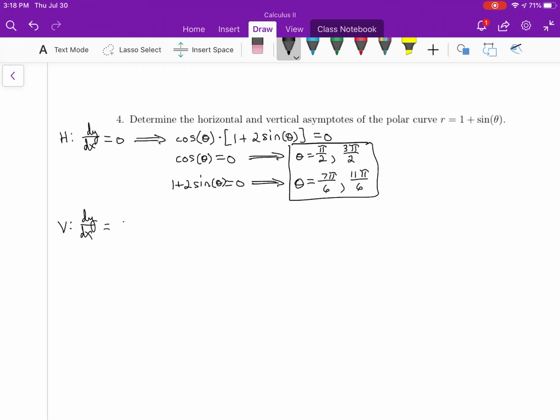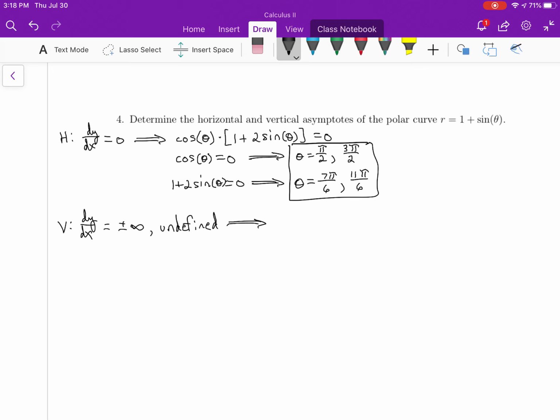are going to be when dy dx is either plus or minus infinity or undefined. And that's only going to be when the denominator is 0.